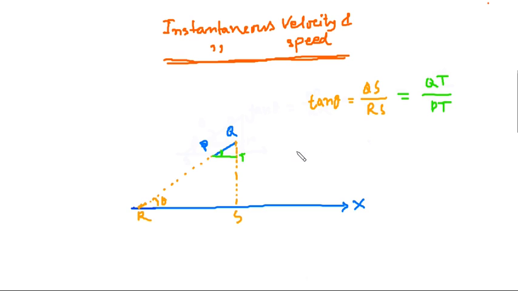Or we can just take any random point here and extend it a little further, and then we draw a parallel line to the x-axis, and we draw another perpendicular line to the x-axis.